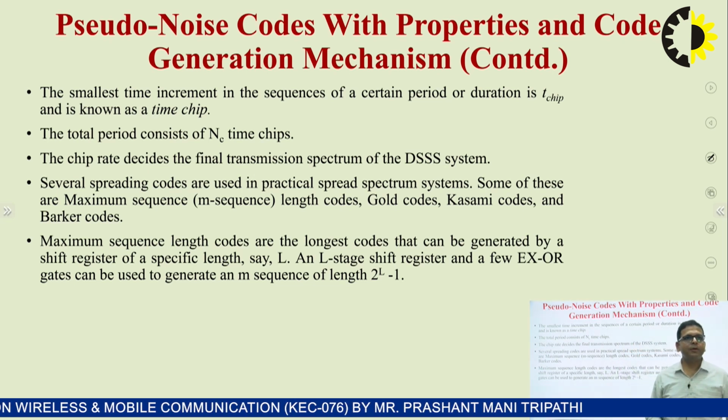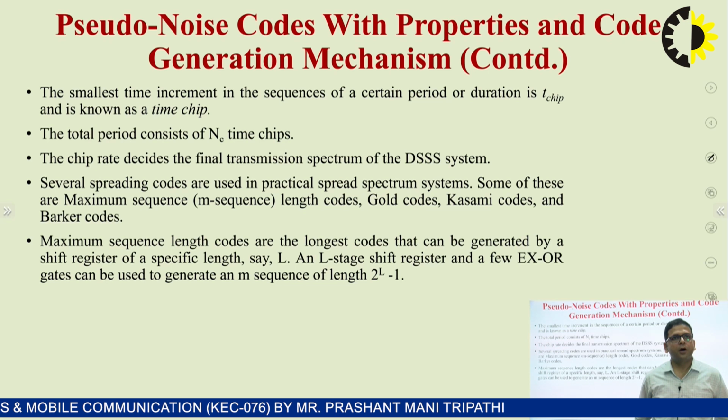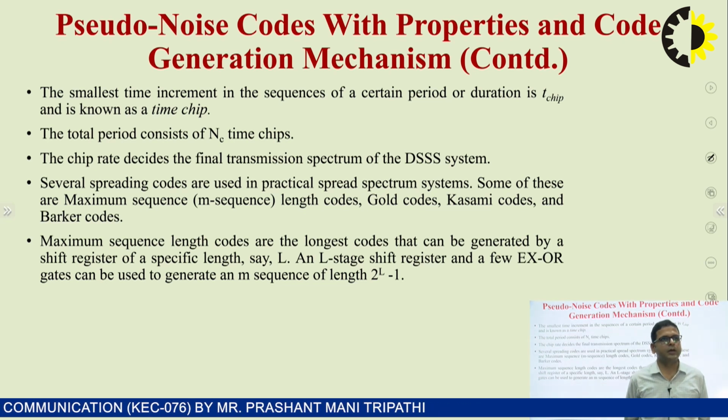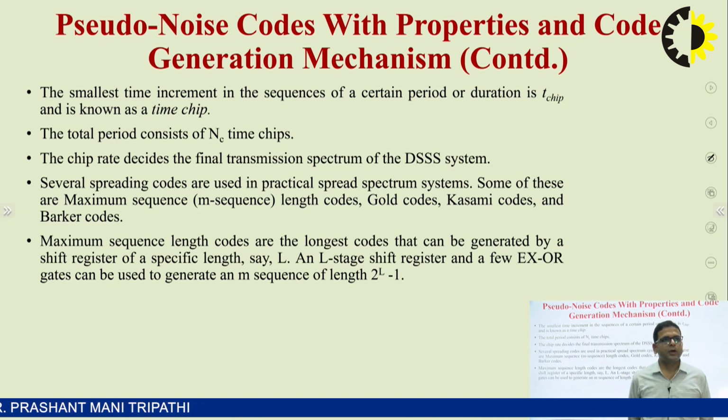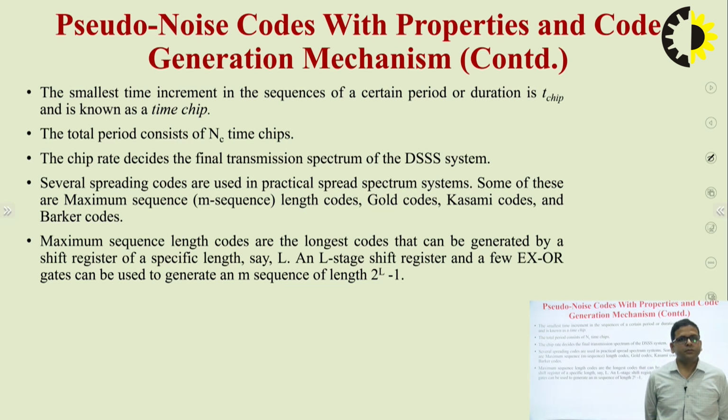The smallest time increment in the sequence of a certain period or duration is represented by T chip, and it is known as chip time. The total period of a PN sequence consists of NC time chips, and this chip rate is important as it decides the final transmission spectrum of the direct sequence spread spectrum modulation technique.